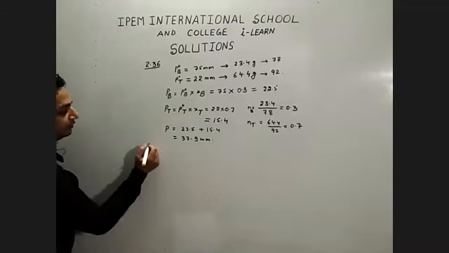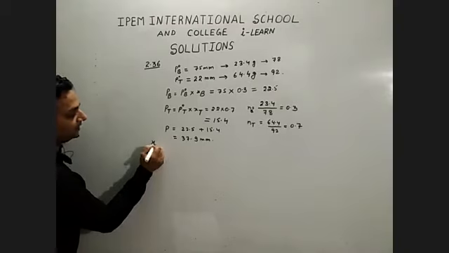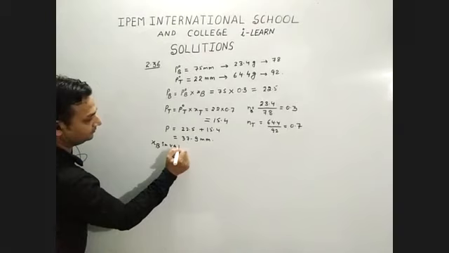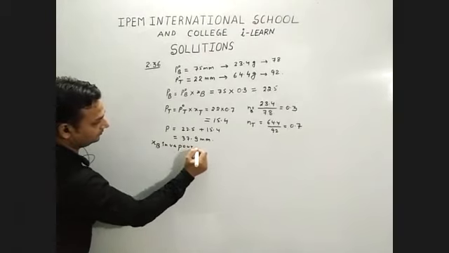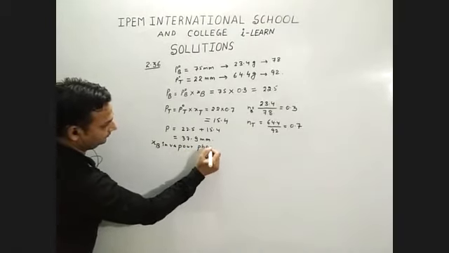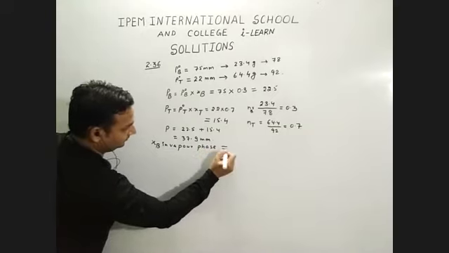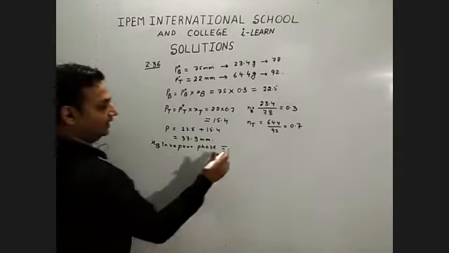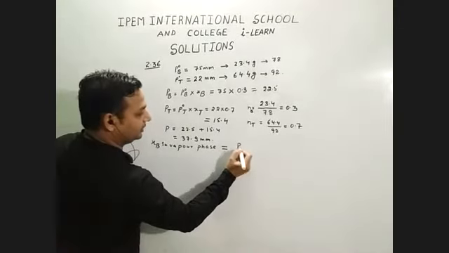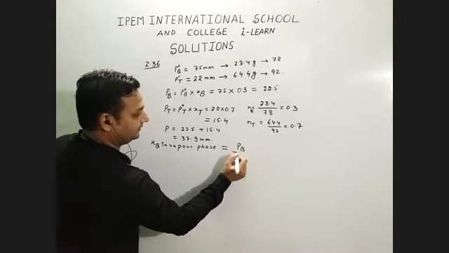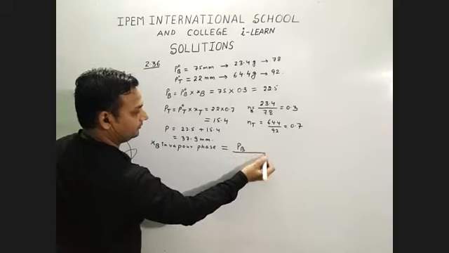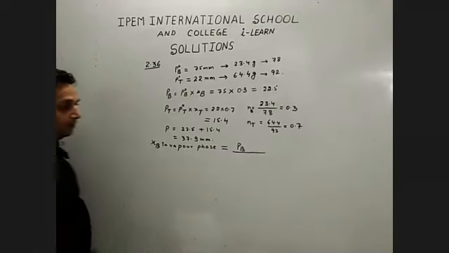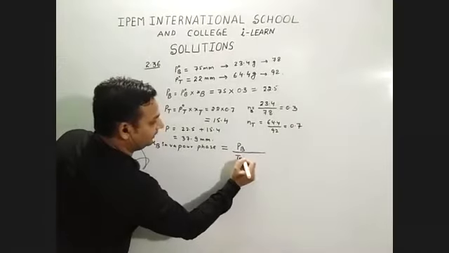Note down the formula: the mole fraction of benzene in the vapor phase is the partial pressure of benzene upon the total vapor pressure.